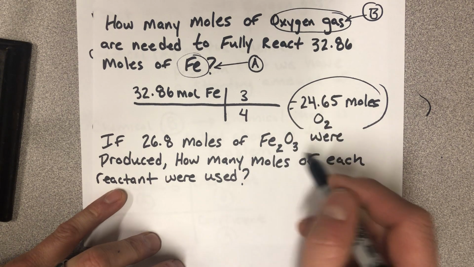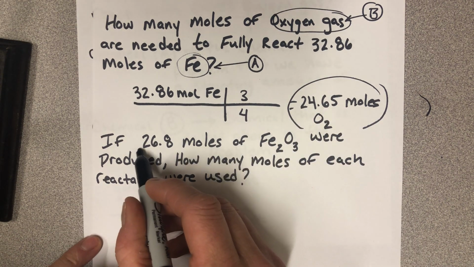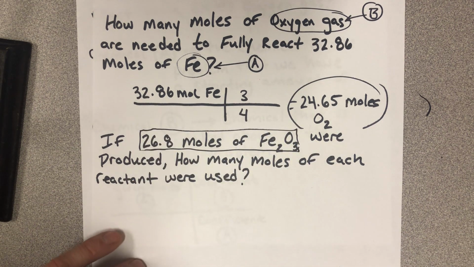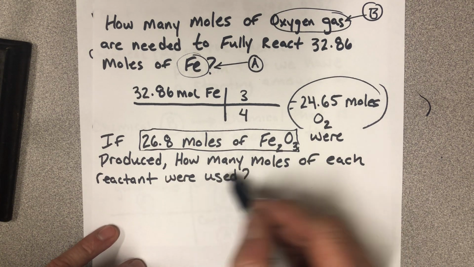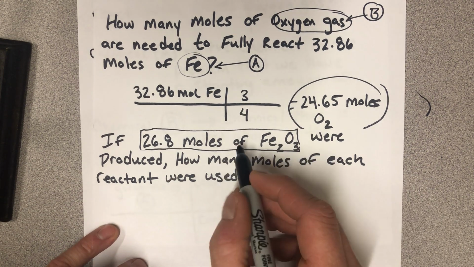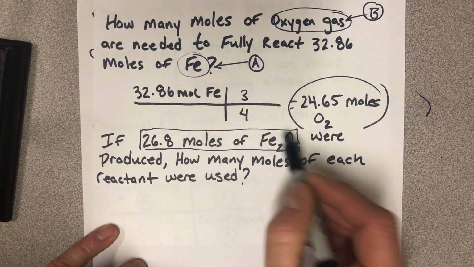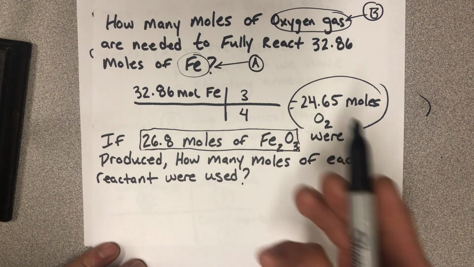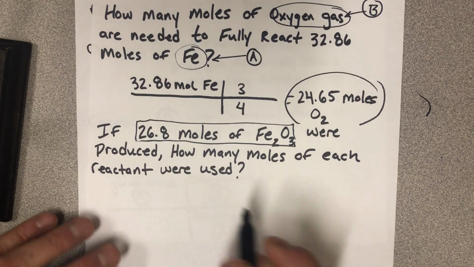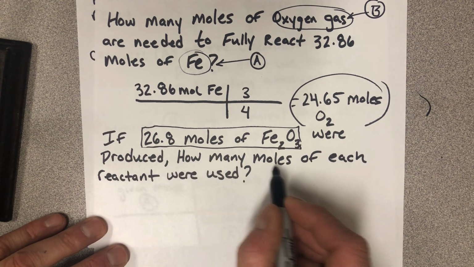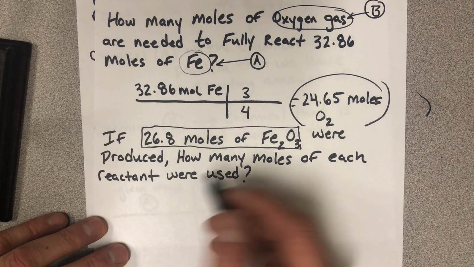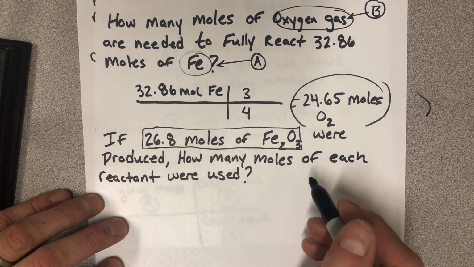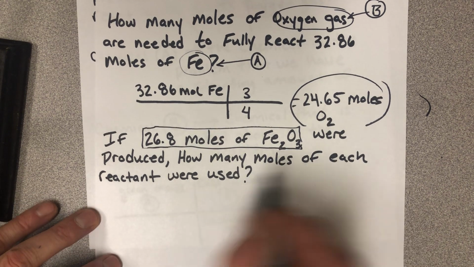Like in this question, we've actually got a produced amount of iron 3 oxide, and the question is how many moles of each of the reactants were used. And so in this case, our starting amount of iron 3 oxide makes it chemical A. So chemical A is our product in this example. The question is asking how many moles of each reactant were used, so we have to do 2 problems, one for the reactant iron and then one for the reactant oxygen. So let's just do them both.